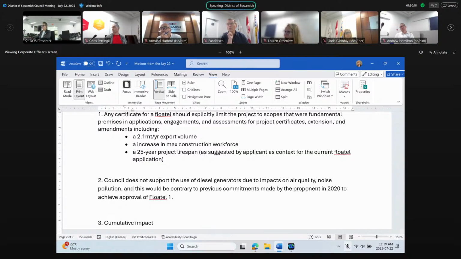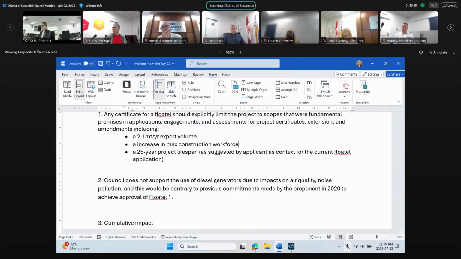It doesn't make any sense to me that a project of this magnitude would try and fudge this number up in the way that's being talked about. And the 25-year project lifespan is distinctly different from the 40-year permit that has been issued federally.